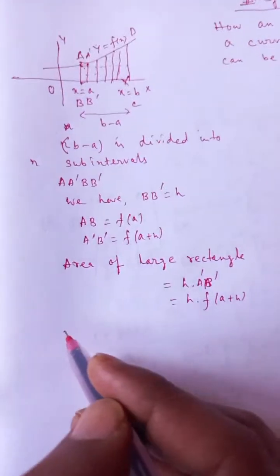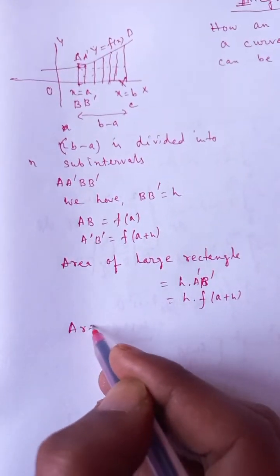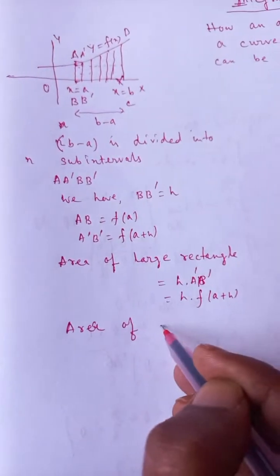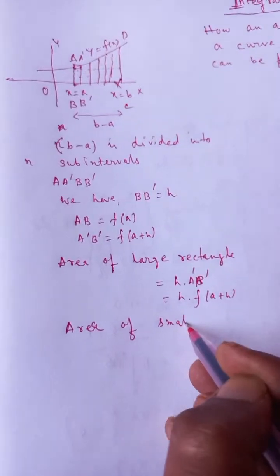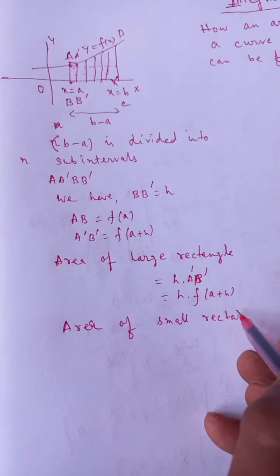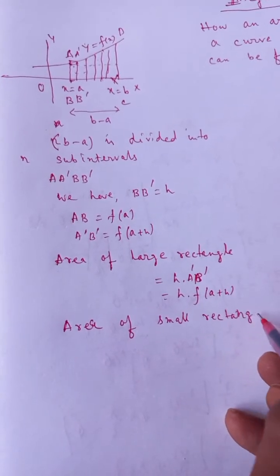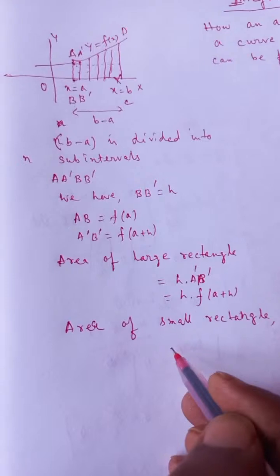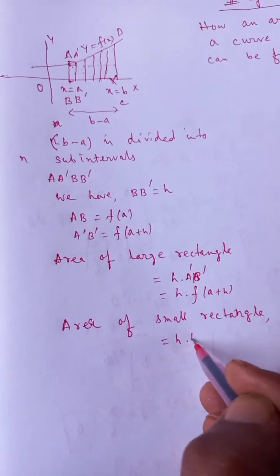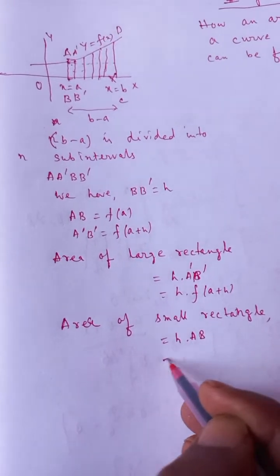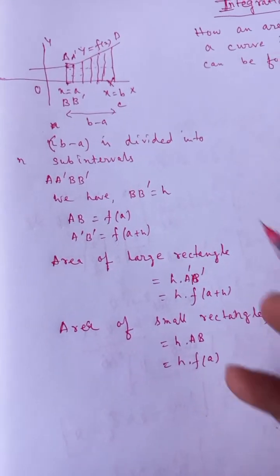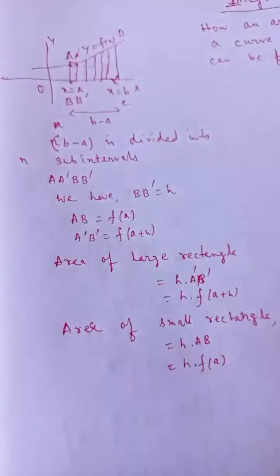And the area of the small rectangle is equal to h into f(a), and later on we can find out in this way.